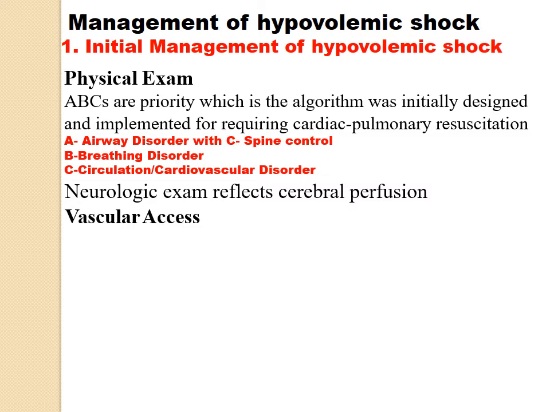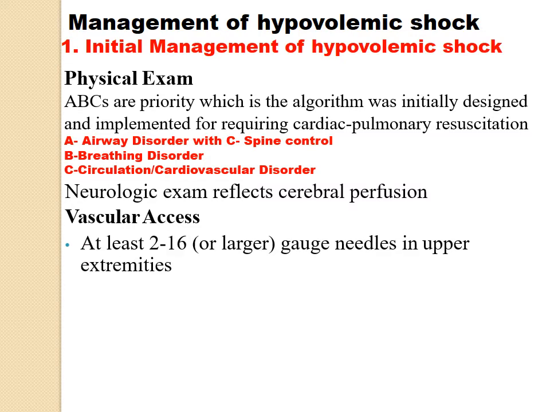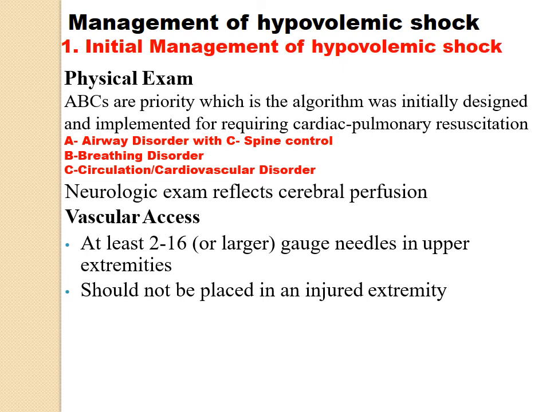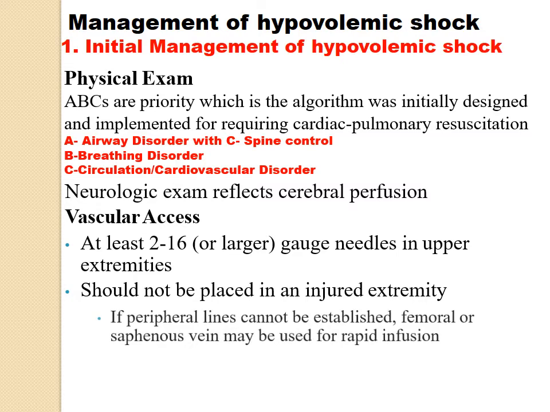So, how will we establish vascular access? First, at least two 16-gauge or larger needles in the upper extremities should be used. They should not be placed in an injured extremity. This we have to take care of during vascular access.